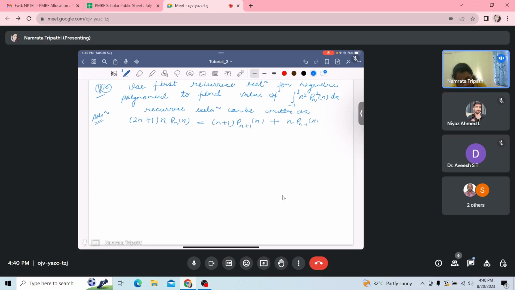Give me the idea. How to solve? How to find this integral? I'm waiting for the answer.